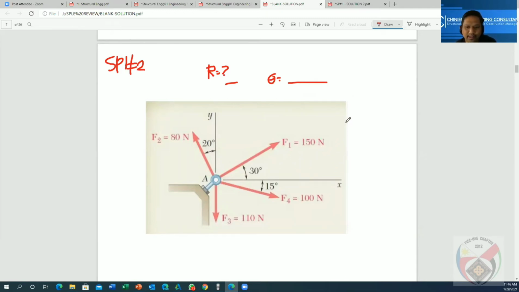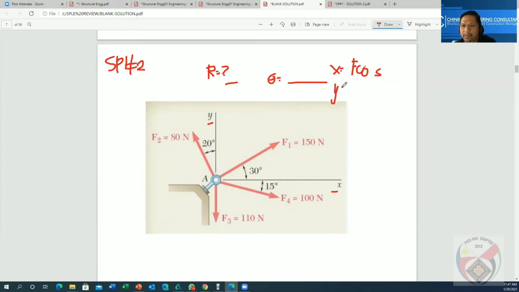Okay? So if you recall, we have this x-axis and y-axis. If you're going to take the component along the x-axis, it's just like F cosine. That is the x component.